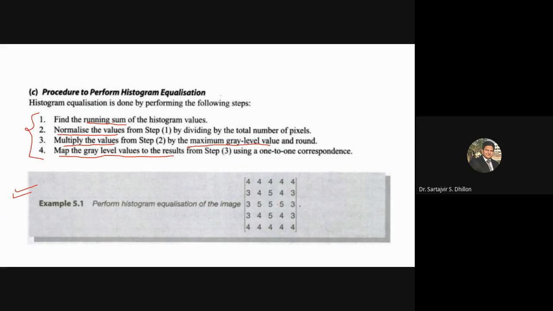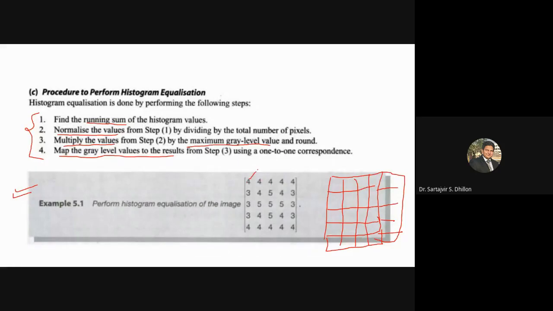equalization of the image, and hopefully you are able to understand what it means. A matrix is given to you, which is a 5 by 5 image.